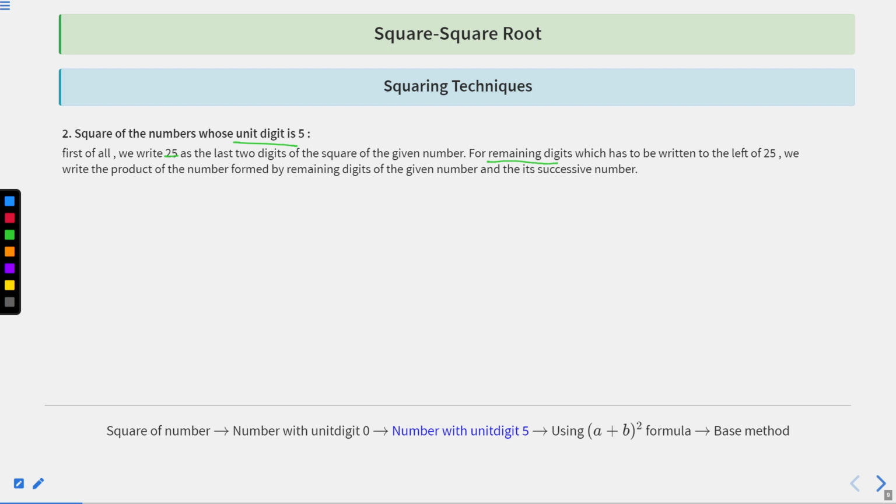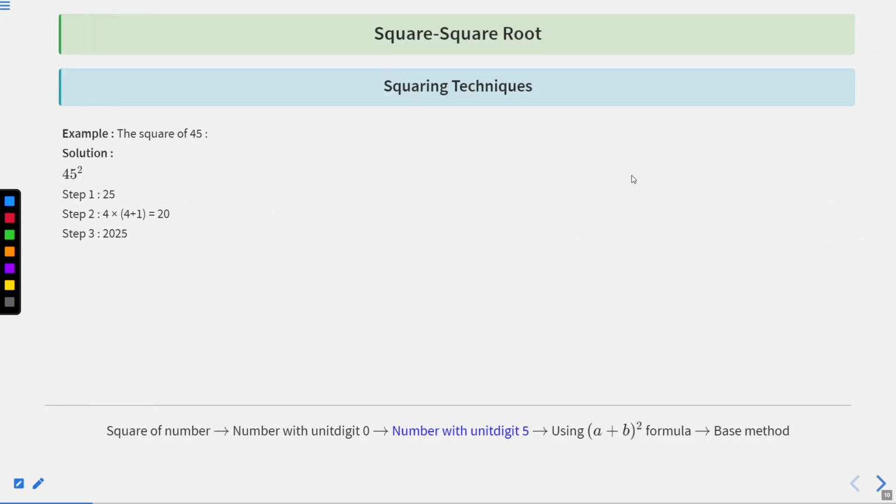For the remaining digits, which are written to the left of 25, we write the product of the number formed by the remaining digits of the given number and the successive number. So neglecting the 5 in that number, take the number one higher than that, multiply both of them, and add 25 at last, then you will have your square.